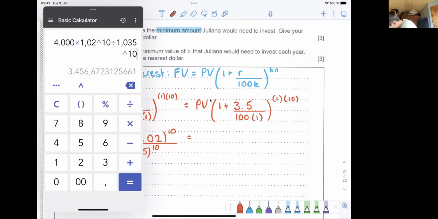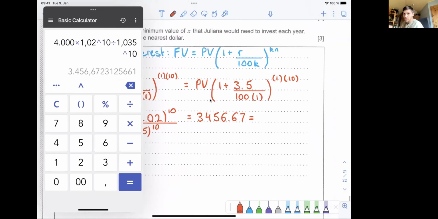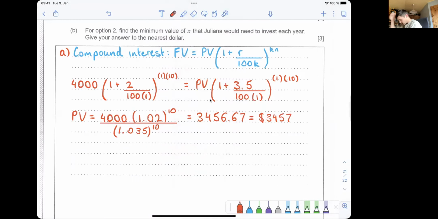But what we'll do is we'll write 3,456.67 and then rounded to the nearest dollar as we're told. And we're in dollars, so always a good idea to put the unit in as well. So we'll say $3,457.